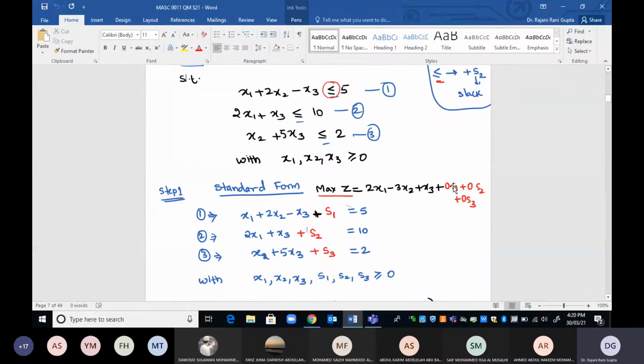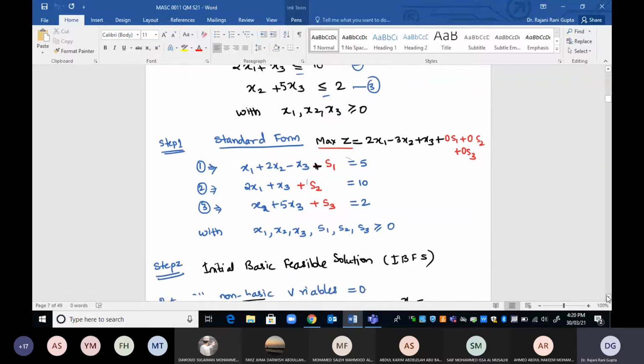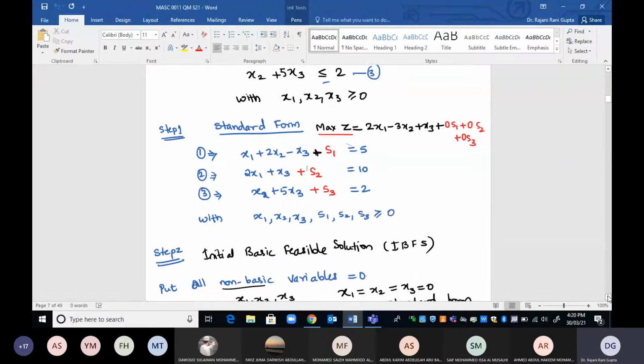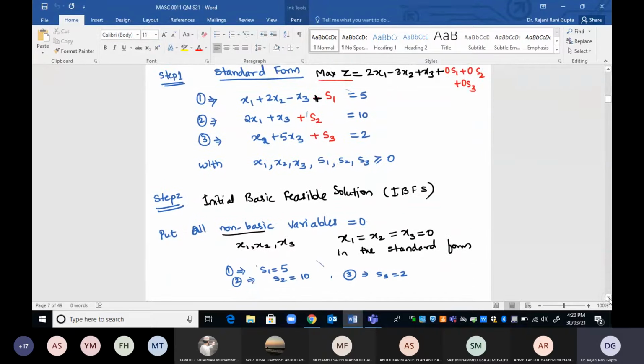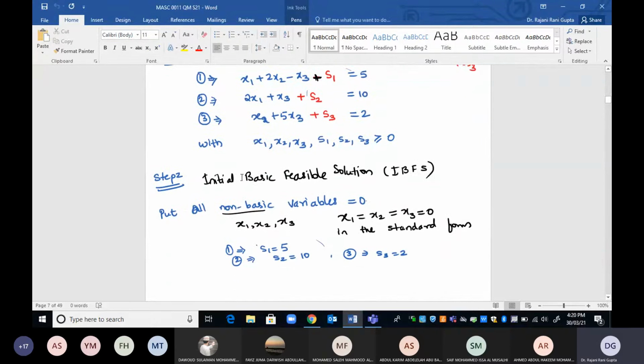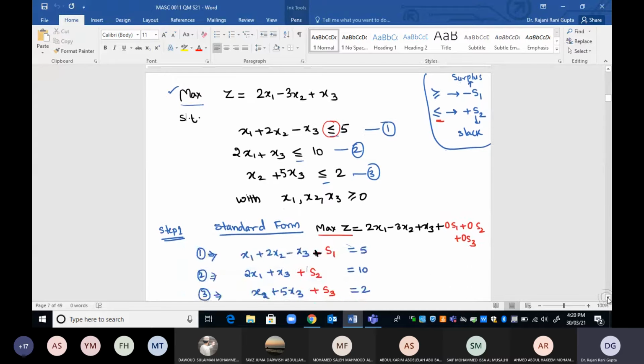Then the second step was to find an initial basic feasible solution. For that, we will keep all the non-basic variables at zero. If we recall the definition, a basic variable is a variable having one coefficient in one equation and zero coefficient in others.